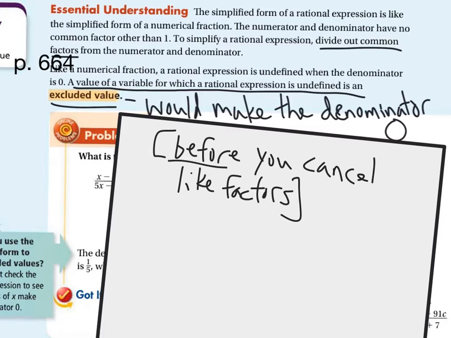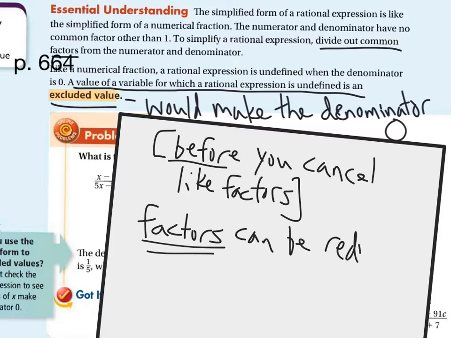Those are your excluded values, and then you can start trying to reduce. And again, the key thing here is that factors can be reduced. Like I said a minute ago, factors are things that are being multiplied together.